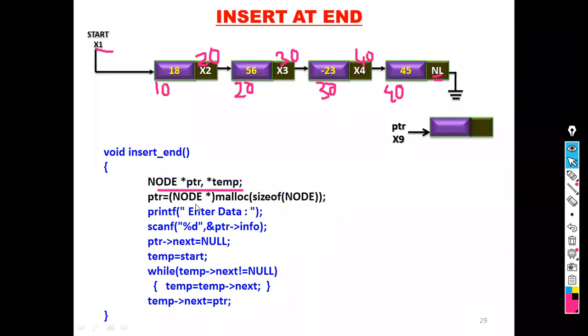What is the need of the second statement? Memory allocation, very good. That means now a node is created. Some memory is allocated for the new node named ptr. What is the address? Address is x9. Let it be 50. For simplification, I am writing some addresses as integer values.